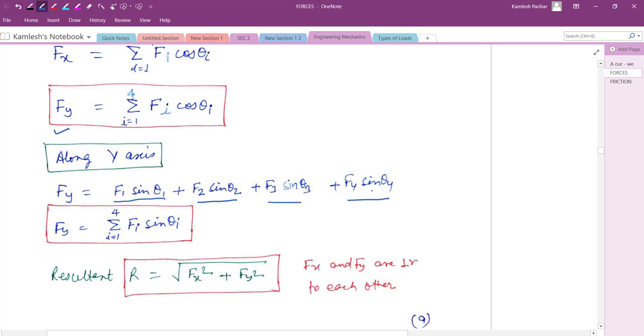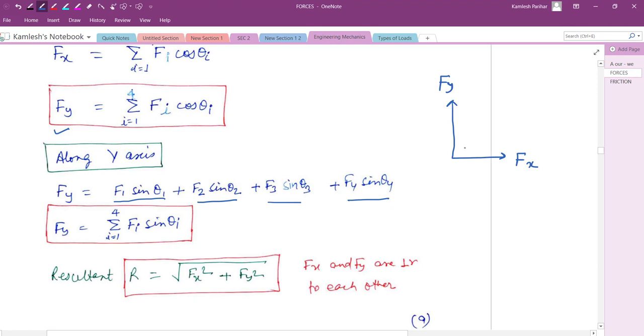So these x and y components have been taken, and they are perpendicular to each other. Fx is the sum of all the x components, and Fy is the sum of all the y components.